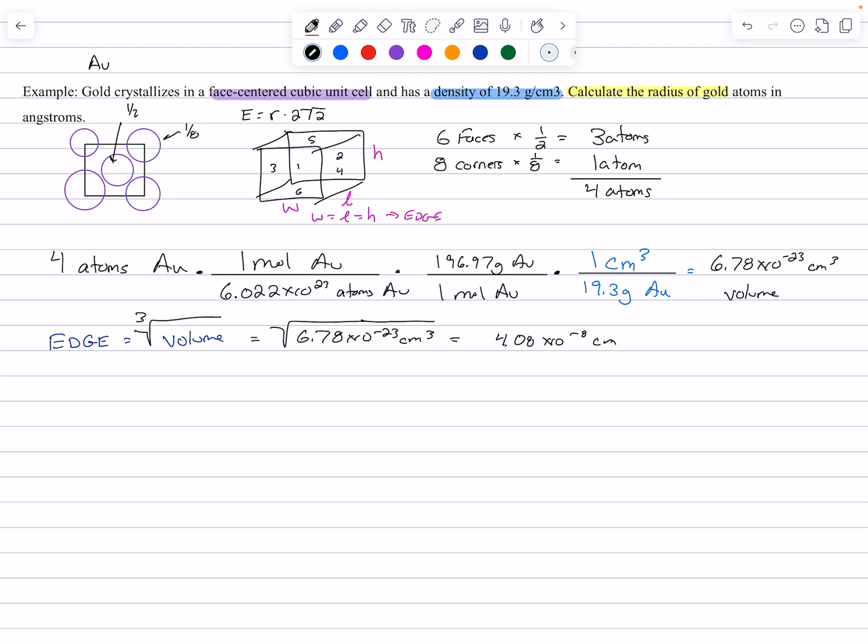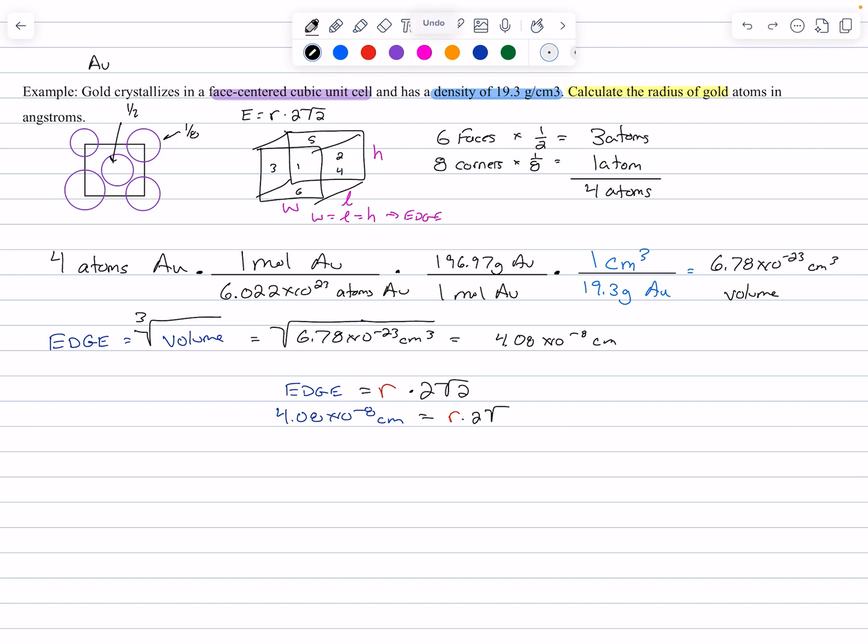And so for our edge, we know that our edge would equal our radius, whatever that radius is, times 2 times square root of 2. Well, if the edge is 4.08 times 10 to the negative 8 centimeters, that'll equal r, the radius, times, excuse me, 2 times square root of 2.